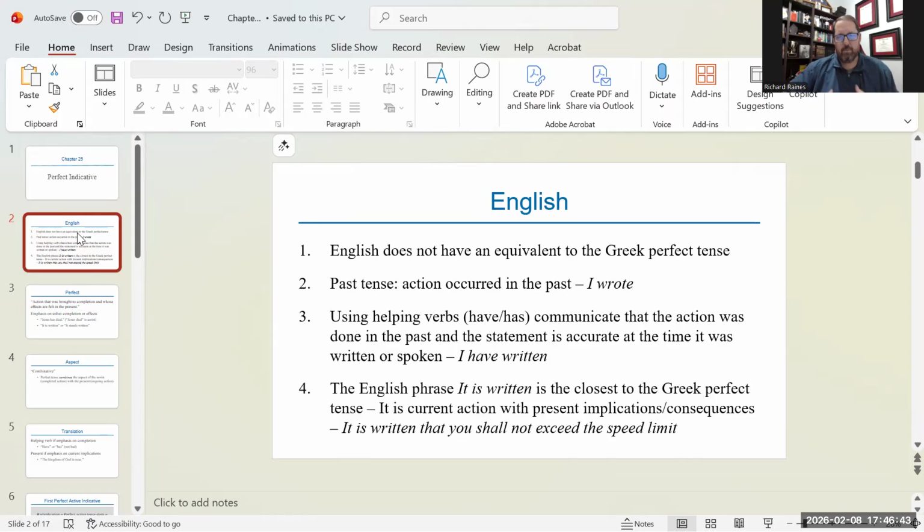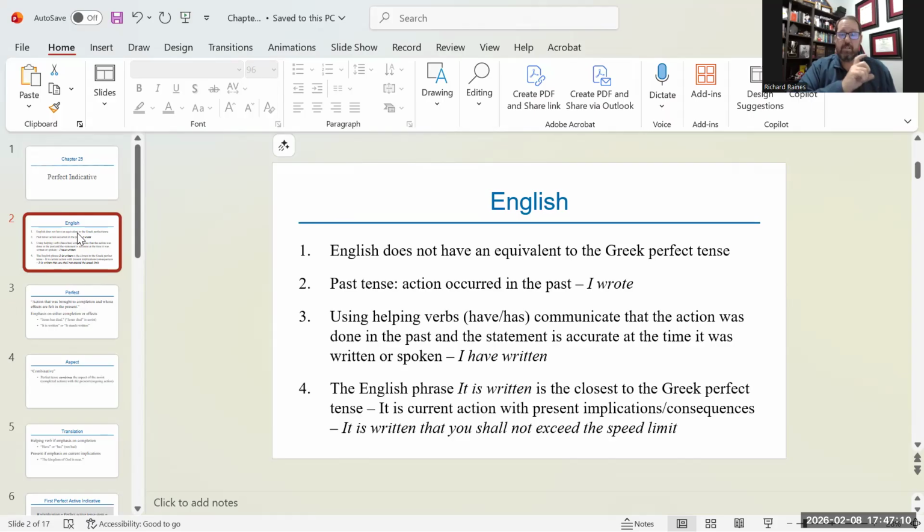So in English, when we describe a past action, we just say, I wrote. Sometimes we use helping verbs like have and has to communicate that the action was done in the past, but that the statement is accurate at the time that we either write or speak.